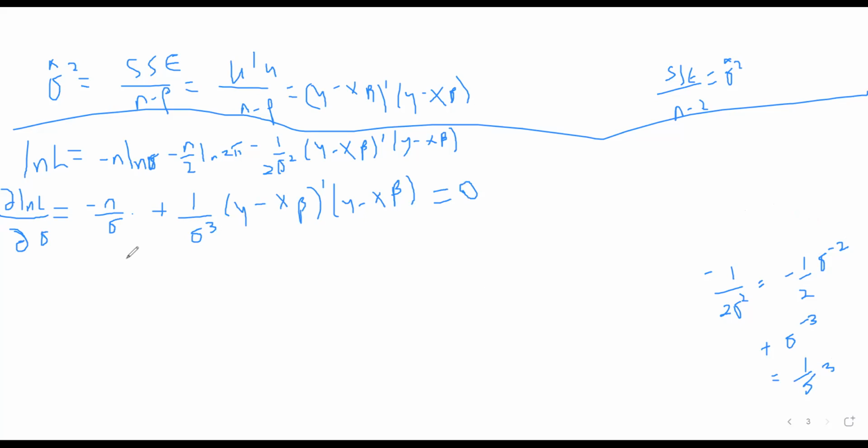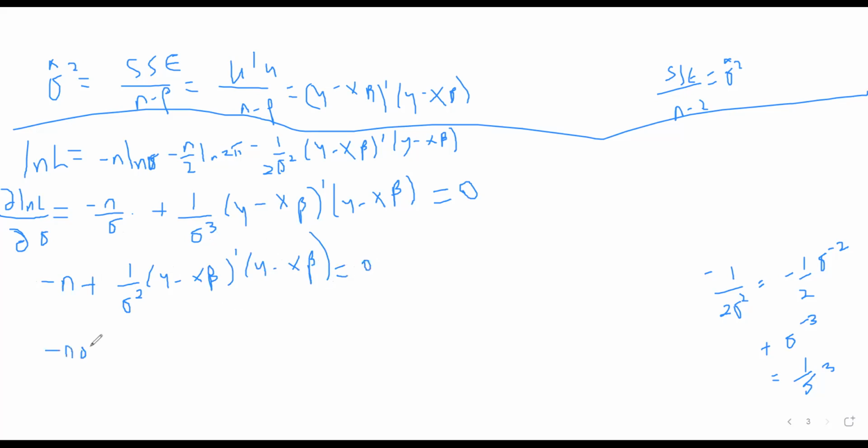Look for sigma squared. So let's multiply through by sigma. It becomes negative n plus 1 over, okay, this was power 3, it becomes power 2 because I'm multiplying through by sigma. Then I have (y minus x beta) transpose (y minus x beta) equals 0. We cross multiply by sigma squared.